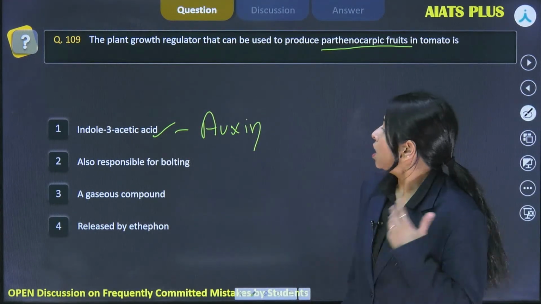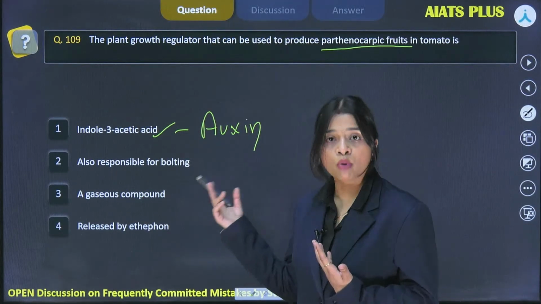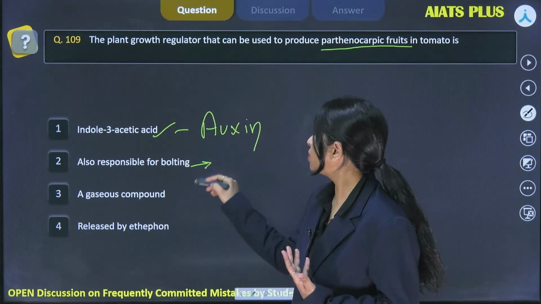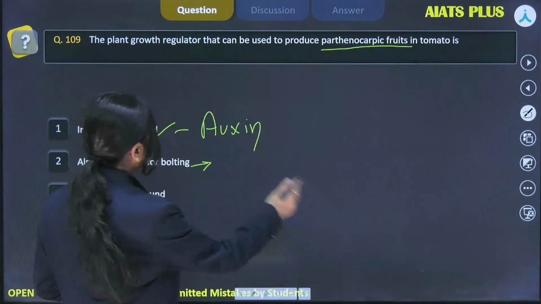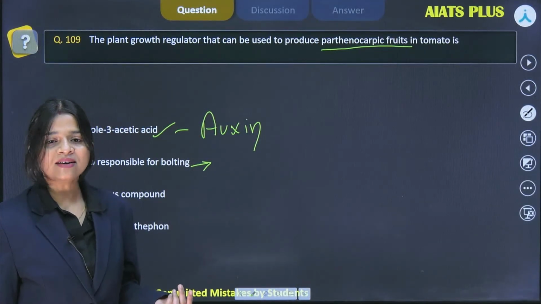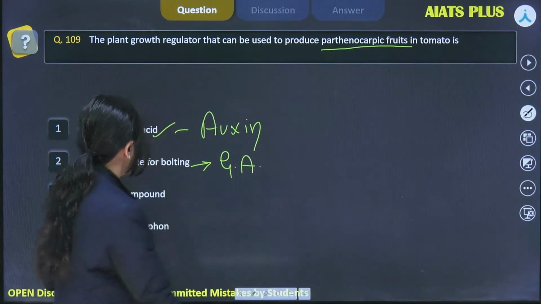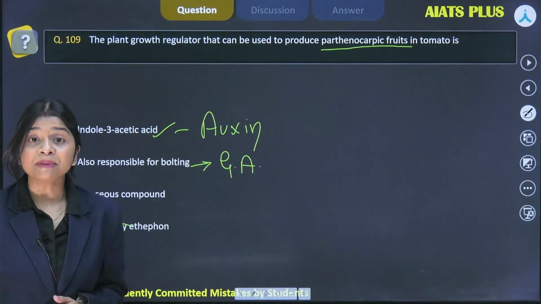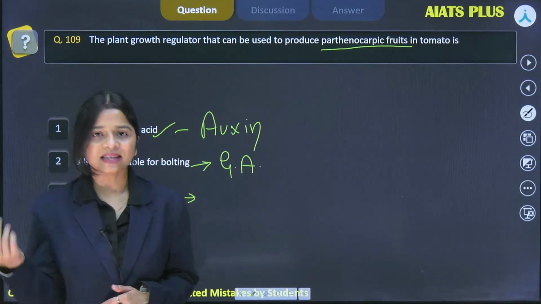Okay, the rest of the options: which hormone is responsible for bolting? Can you tell me in the comment box? We have to go through the rest of the options also, right? So the correct answer for this is gibberellic acid. Then a gaseous compound. The only gaseous hormone is ethylene.